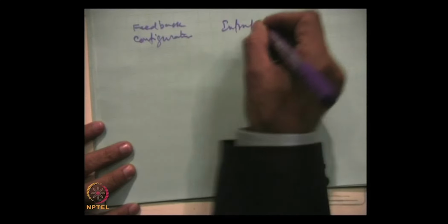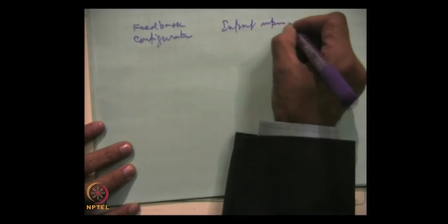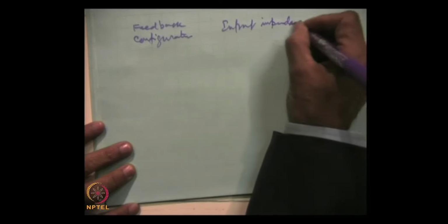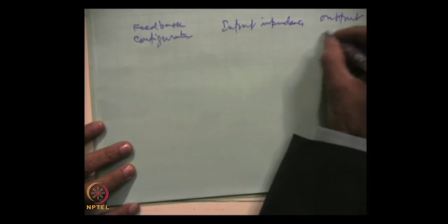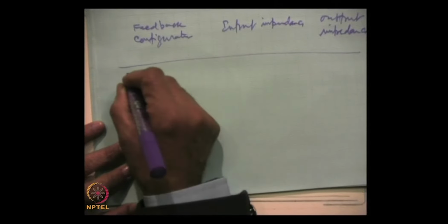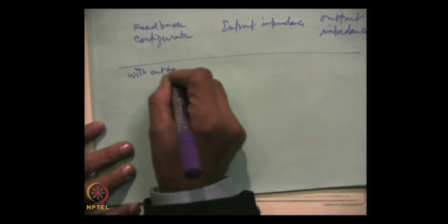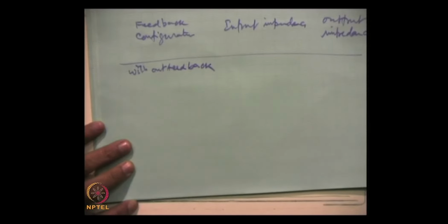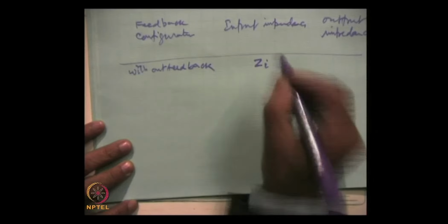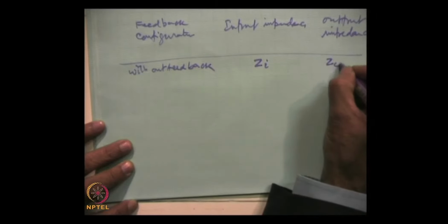Just to summarize, in the table, for the feedback configuration, this is the input impedance, and this is the output impedance. Here without feedback, this is Z I, and output impedance is Z 0.